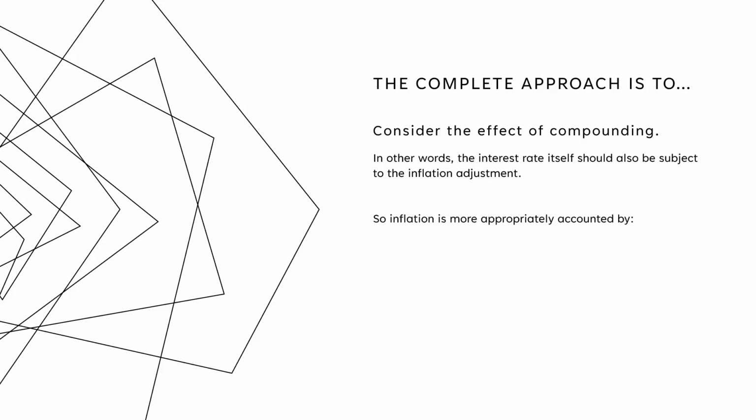How do we do this? It may be appropriately accounted for by doing the following. R is equal to 1 plus R star, the real rate, times 1 plus IP, the inflation premium, minus 1. R is therefore equal to 1 plus 10%, quantity times 1 plus 7% minus 1.